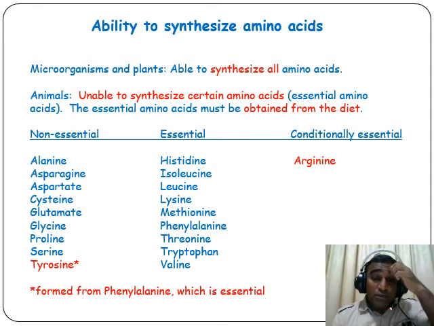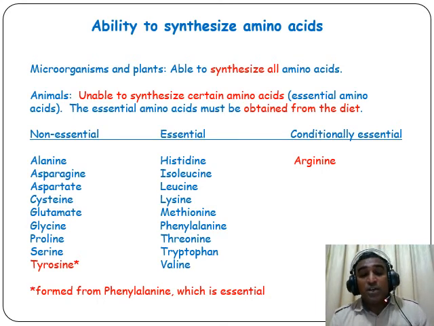Then you also have the essential amino acids shown there, and also non-essential. And I also told you microbes and plants have no problem. However, humans need to obtain the essential amino acids from the diet.